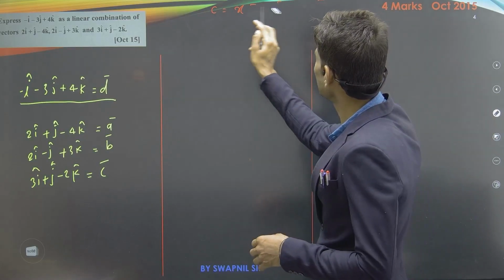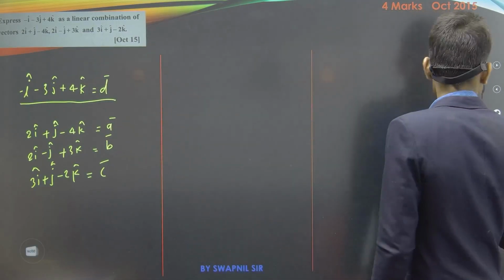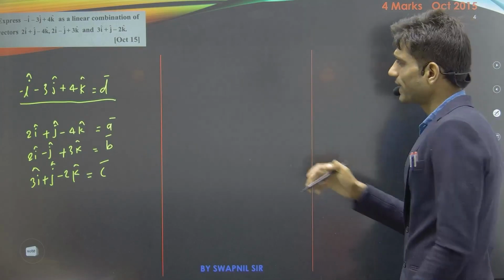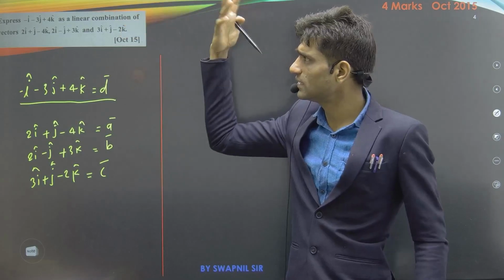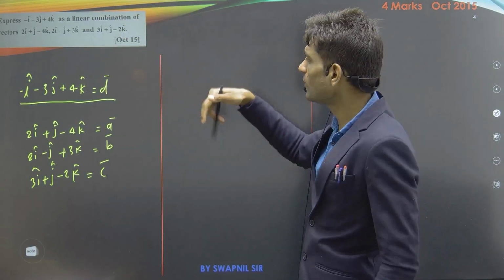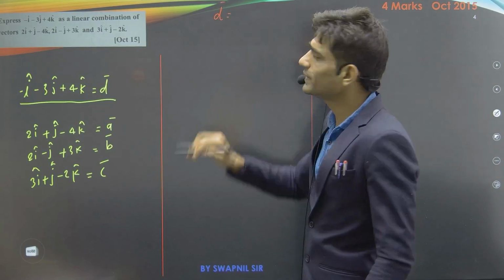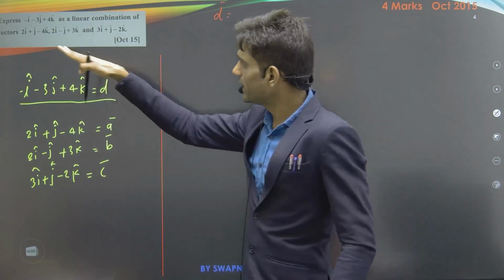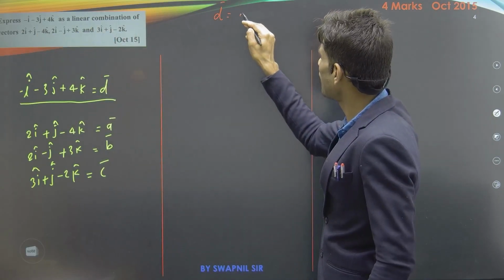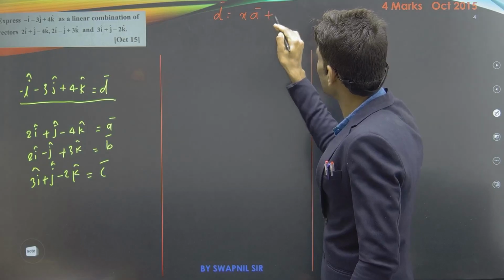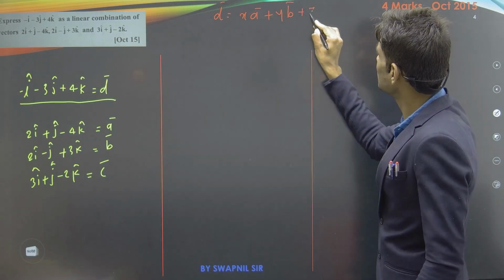I will explain the linear combination of the position vectors with respect to our considered variables. We have to write d bar, that means minus i minus 3j plus 4k, as a linear combination of the remaining three. So d bar is equal to x into a bar plus y into b bar plus z into c bar.